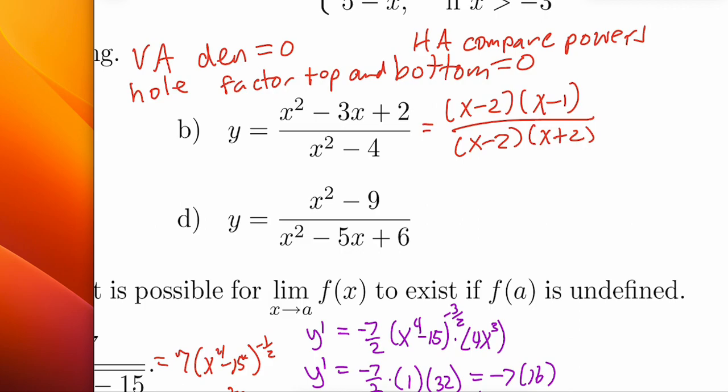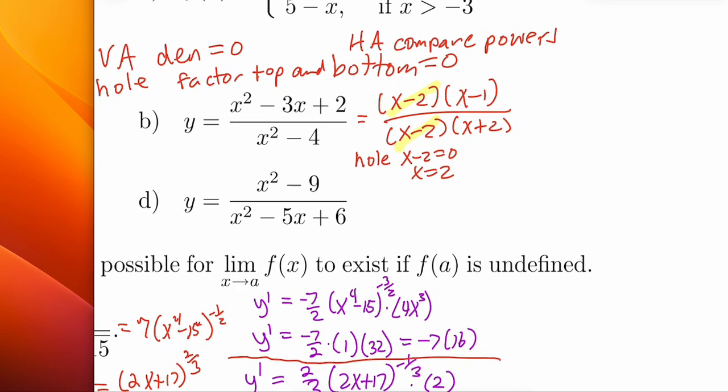Now, for the factors that match on top and bottom, there is a hole at x minus 2 equals 0, or at 2. That is not an asymptote. There's a hole in the graph, just one point you jump over. But the remaining factor of our denominator is going to cause a vertical asymptote. So you have to set that equal to 0. We get negative 2.